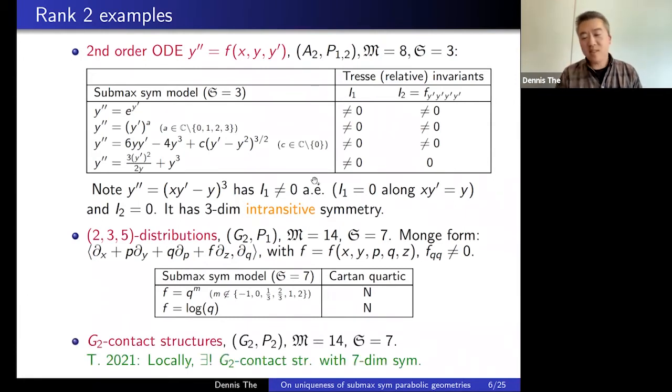Here's another model that was discussed in Andreu's talk: G2, P2 type geometries, also called G2 contact structures. The maximum is 14, submaximal is 7. But here, locally, there exists a unique G2 contact structure with submaximal symmetry. Nice situation over there.